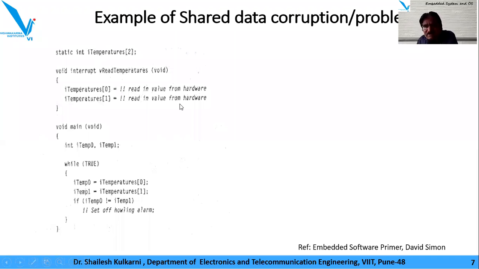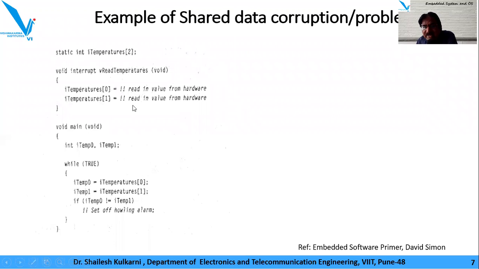Let's say this interrupt service routine has acquired the temperature in the first channel and copied that temperature into iTemperature 0. And let's assume that by virtue of some kind of multitasking, or some kind of events, this interrupt service routine gets stalled, gets stopped, and moves back onto the main program.